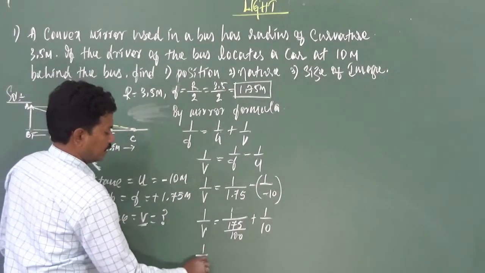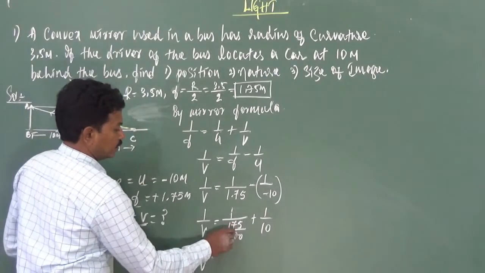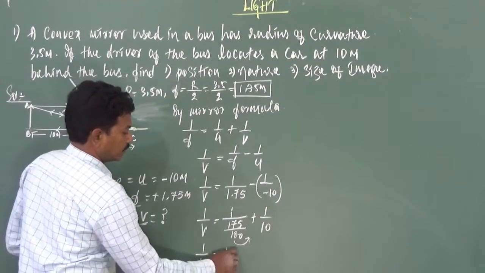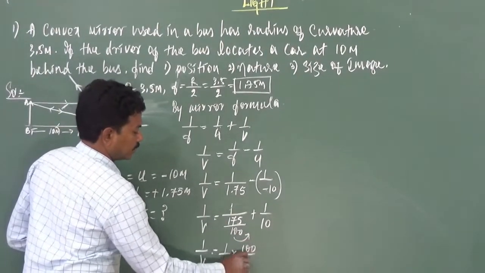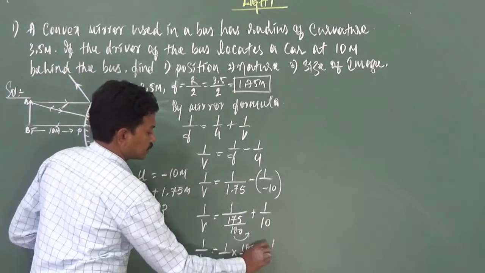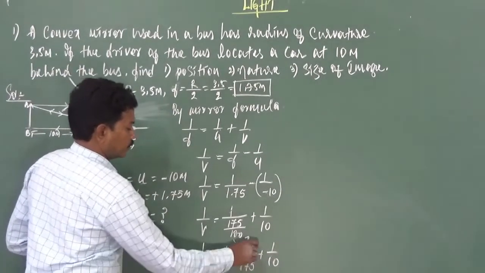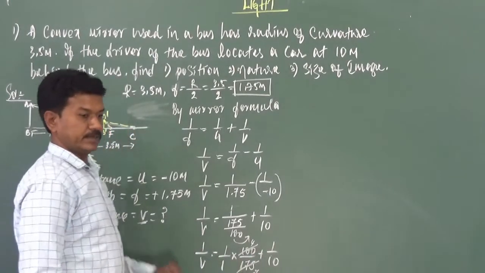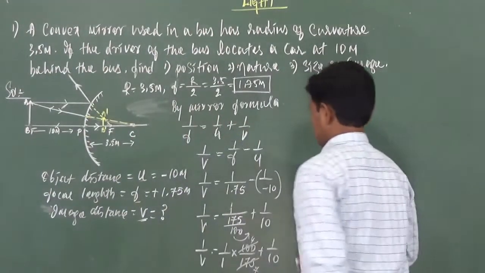So 1 by V is equal to 1 by 175 by 100. Take the reciprocal of 175 by 100. So 1 by V is 1 into 100 by 175 plus 1 by 10. 25 fours are 100, 25 sevens are 175.